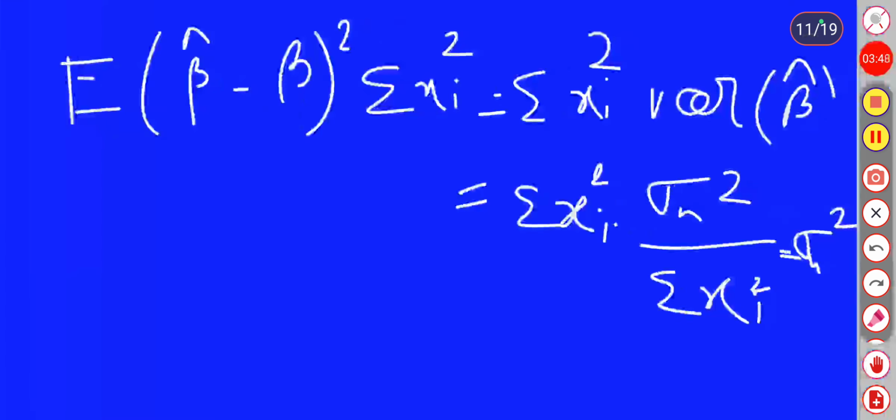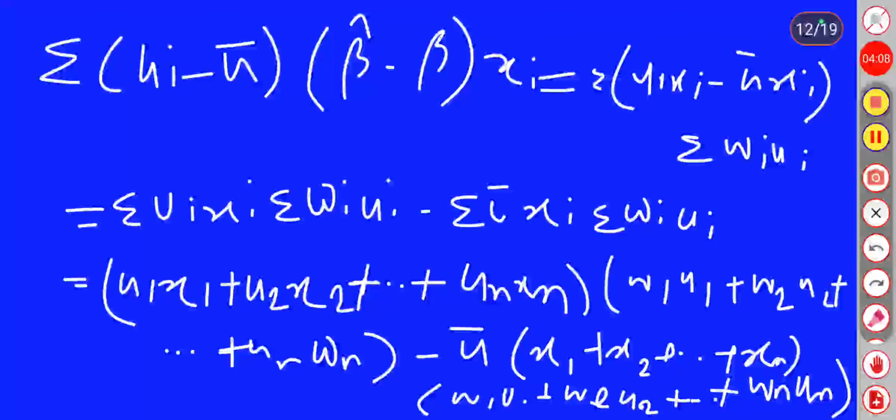Then the term (beta hat minus beta) into sum of xi square: we know that the variance of beta hat is sigma u square by sum of xi square, so into sum of xi square, the xi square cancels, and ultimately the value will be sigma u square.